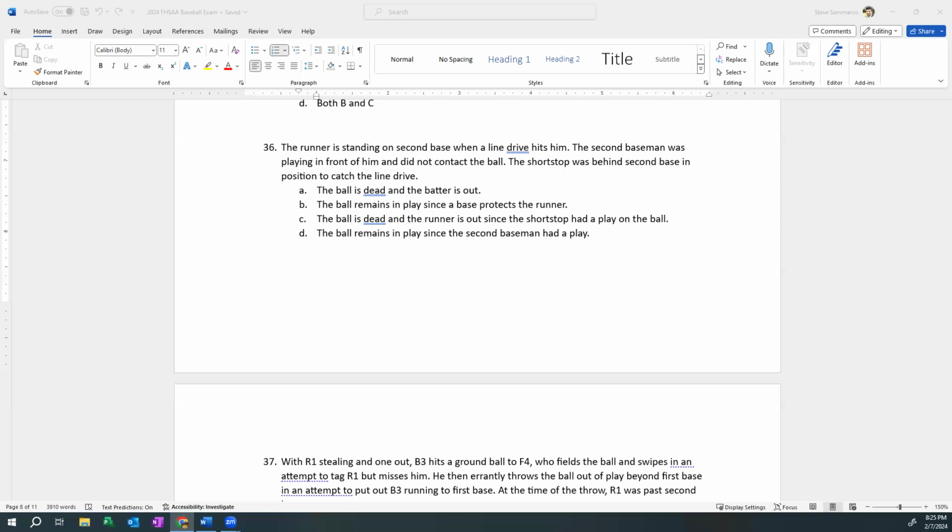I can get with the guy standing there, thumb up his butt, doesn't make a play on the ball, hits the runner with the shortstop coming behind him. I can get with that. But if the second baseman or whoever is in front of the runner dives at the ball and misses the ball and it hits the runner, at that point, that player made a play on the ball. I'm not calling the runner out.